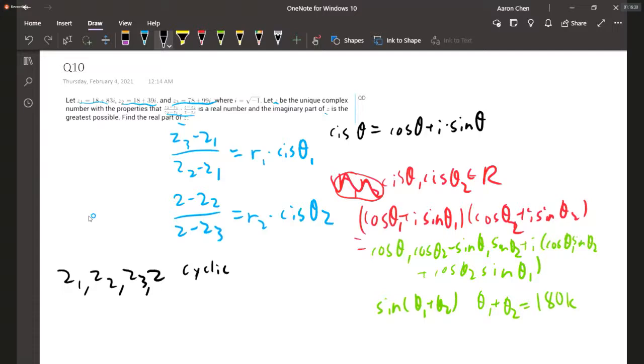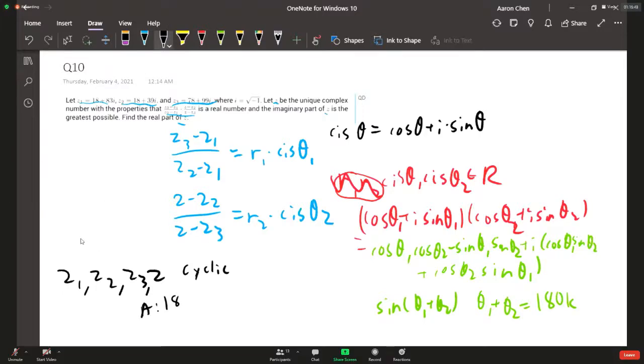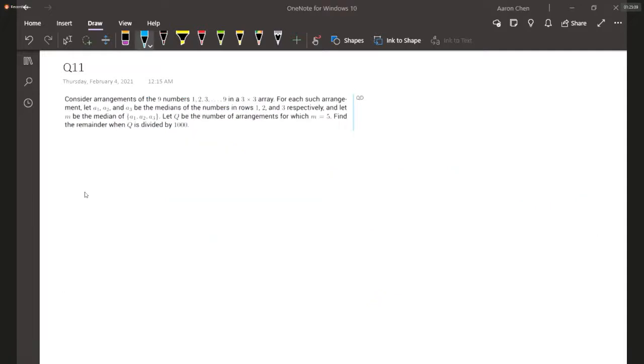That means the real part of z is just the real part of the circumcenter. After this, you can just set, for example, A to be 18 plus 83i, B to be 18 plus 39i, and C to be 78 plus 99i. And now we can compute their circumcenter.